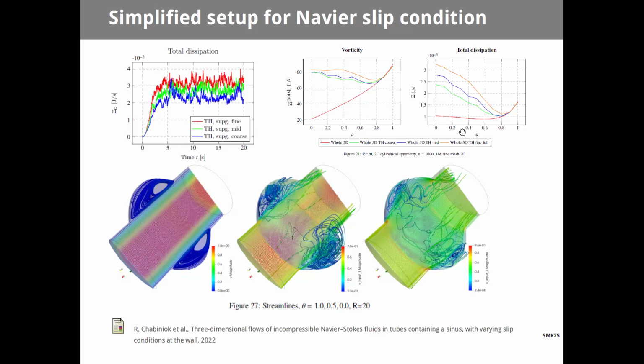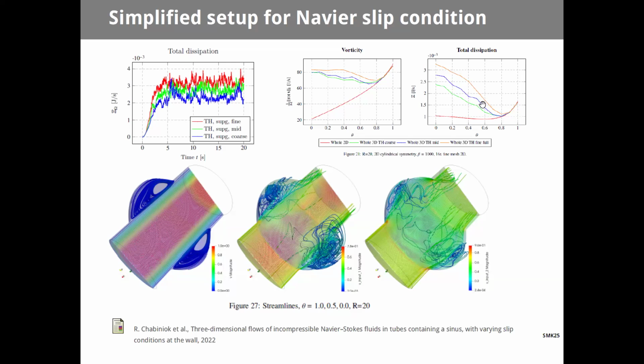On the x-axis you have theta, how much it slips, where one is no slip, and more slip going to the left. The total dissipation goes down, but from a certain point it goes up again, and the slip solution has much larger dissipation than the no slip, which is something observed.